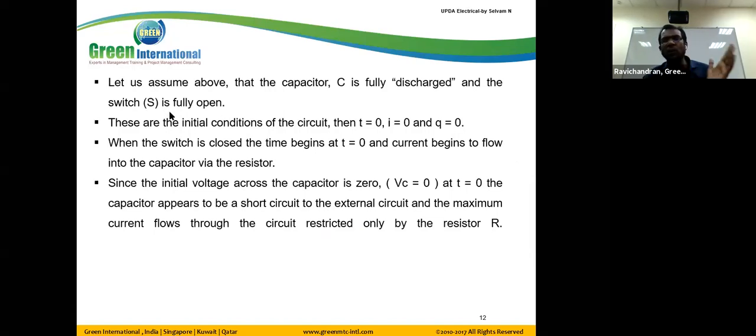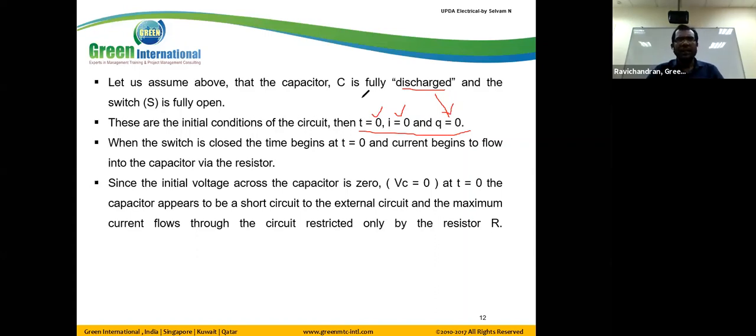That means there is no current flow from the voltage source to the capacitor through the resistance. So these are our assumptions. At t equal to 0, the current is equal to 0, fully discharged, with no charge in the capacitor.